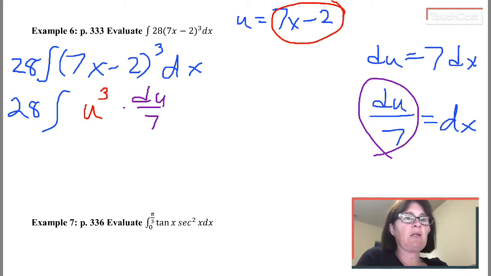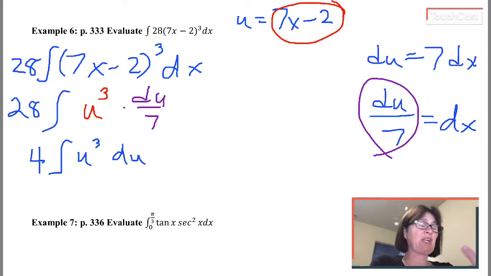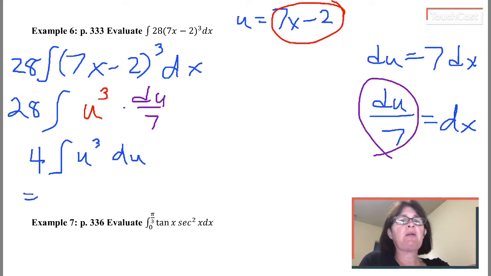That's going to give me 28 divided by 7 is 4 times the integral of u cubed du. Well, how do you take the antiderivative of something getting cubed? That's going to be u to the 4th over 4. Here's this 4 that was already a multiplier. Comes down. I need plus a constant.